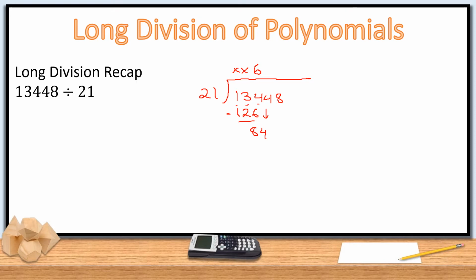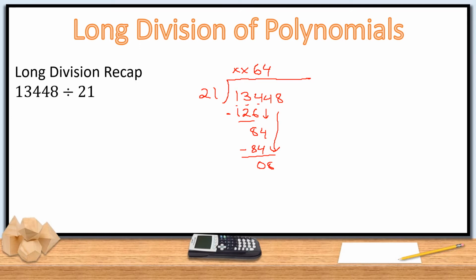And we're asking, okay, how many times does 21 go into 84? This one actually goes in evenly, it goes in 4 times. So 21 times 4 is 84. Subtract 84 out, we're left with 0, and then 8 comes down.